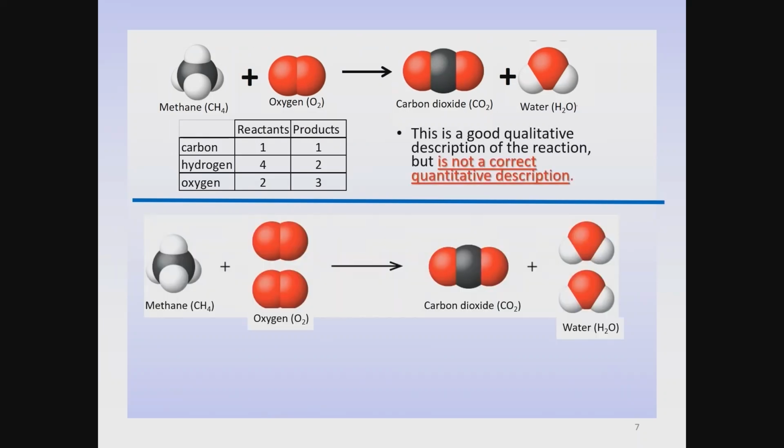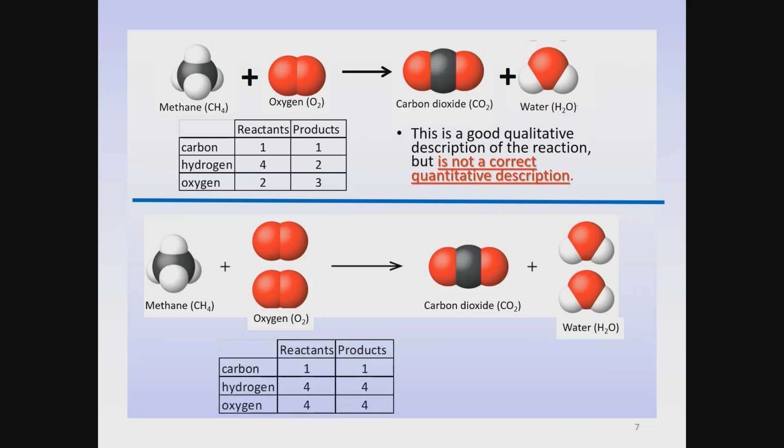Remember beforehand when we had one of each and we didn't really have good atom balance for the elements? Then we added an oxygen molecule and a water molecule. What you can sort of see is that for each element, there are as many atoms of that element on the reactant side as you see on the product side.